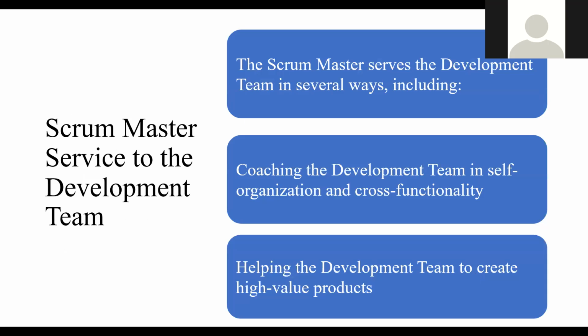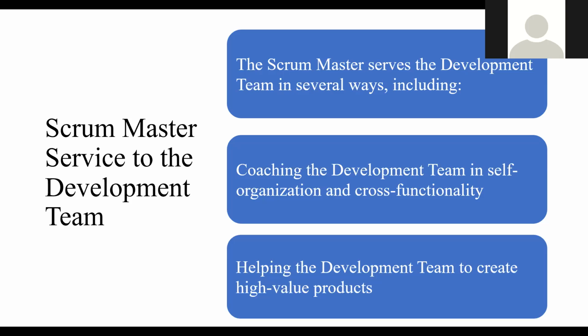Cross-functionality means that the essence of Agile is that we have a T-shaped team, whereby everything can be done within the dev team. There is knowledge sharing, so that if one person is not available, another member of the team can take on whatever task they had and it can be completed.